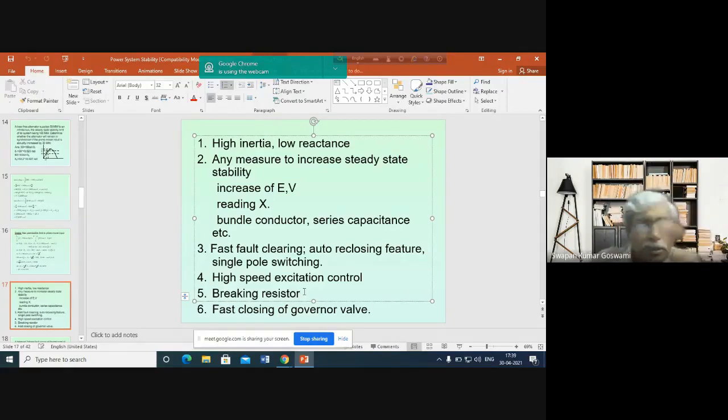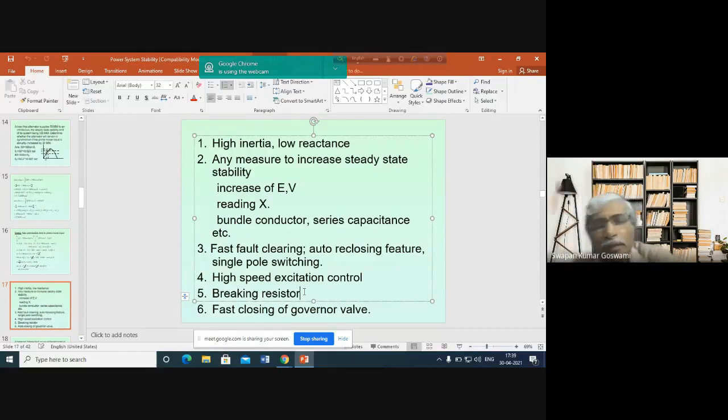So they will be consuming power and arrest the increase in speed of the generator, arrest the acceleration of the generator. That means they will act as a brake to the increasing speed of the generator. That's why the name is braking resistor. Okay, so they basically act as a brake.